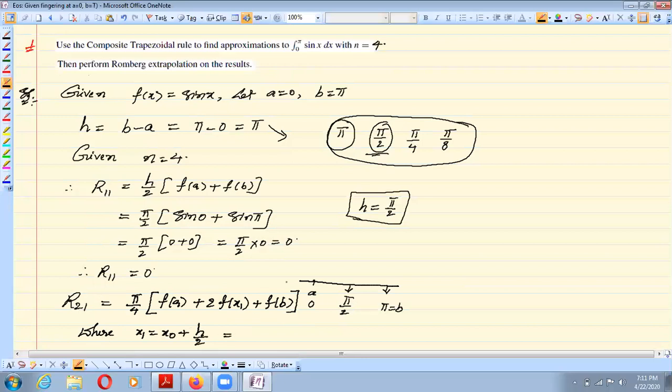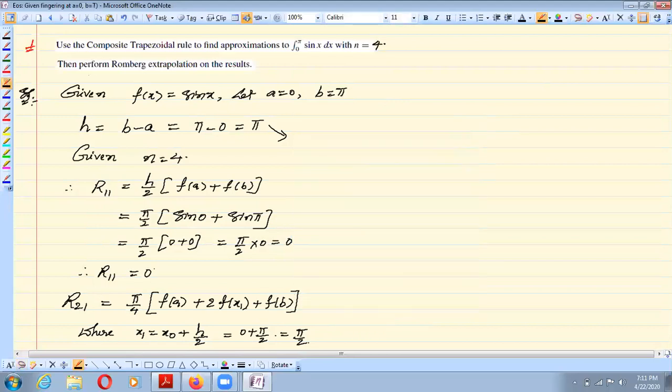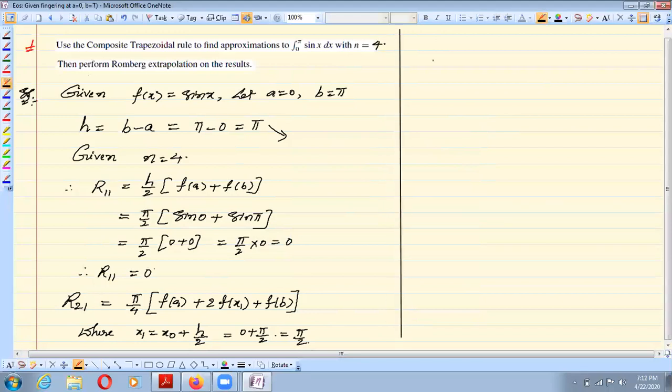H by 2 means pi by 2, so that is 0 plus pi by 2, that is equal to pi by 2. Now we can continue this and substitute the values.